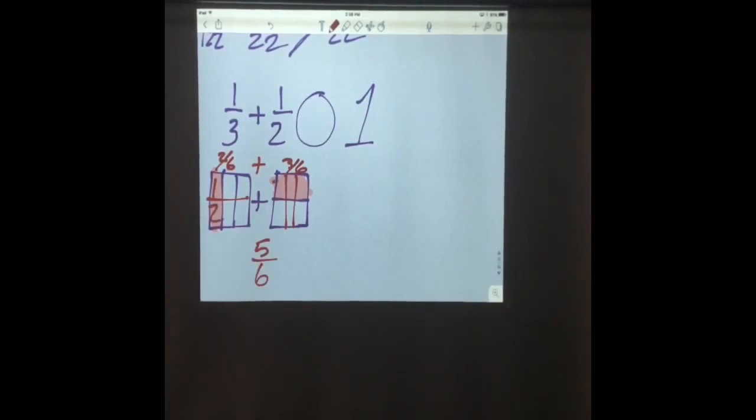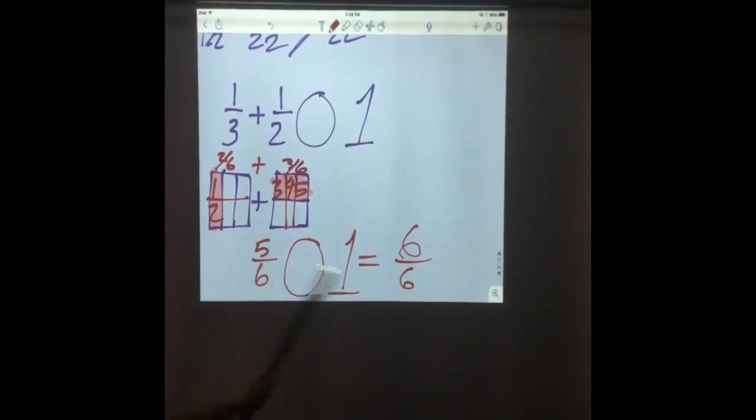1, 2, 3, 4, 5. 5/6 is that what in comparison with 1 whole? Well, 1 whole in 6 would be what? Would be 6/6. That's right. And which one's larger, the 5/6 or the 6/6?